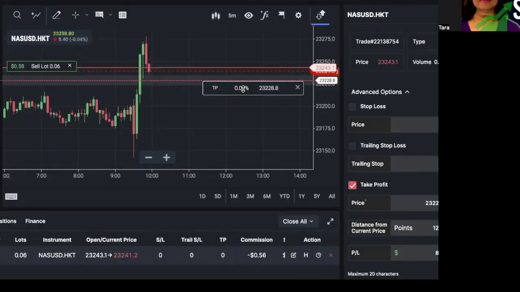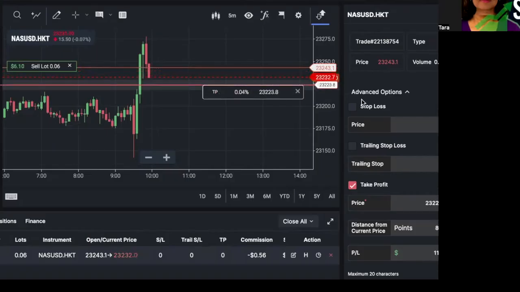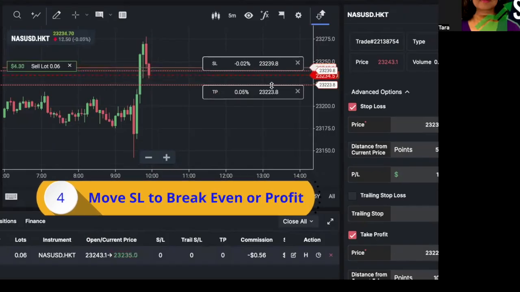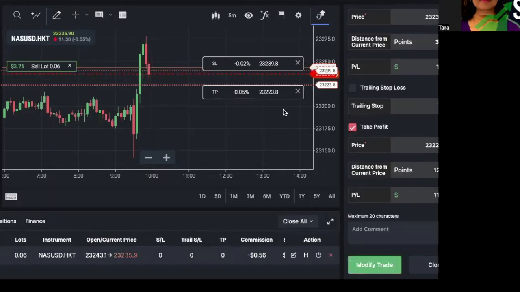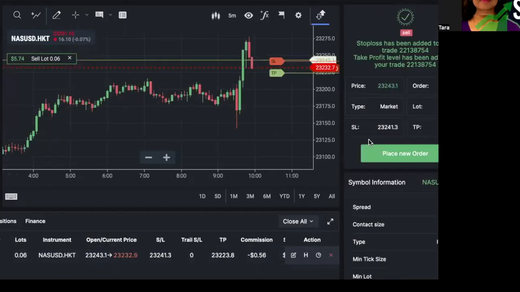We can get down to this fair value gap, that would be good. We'll put our stop loss into profit just in case. Since news is coming up, we're just gonna see if we can get down to this gap.